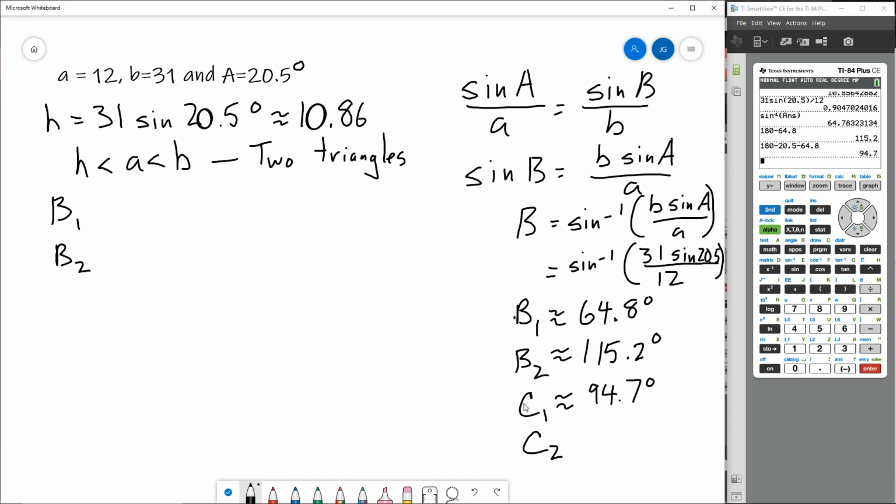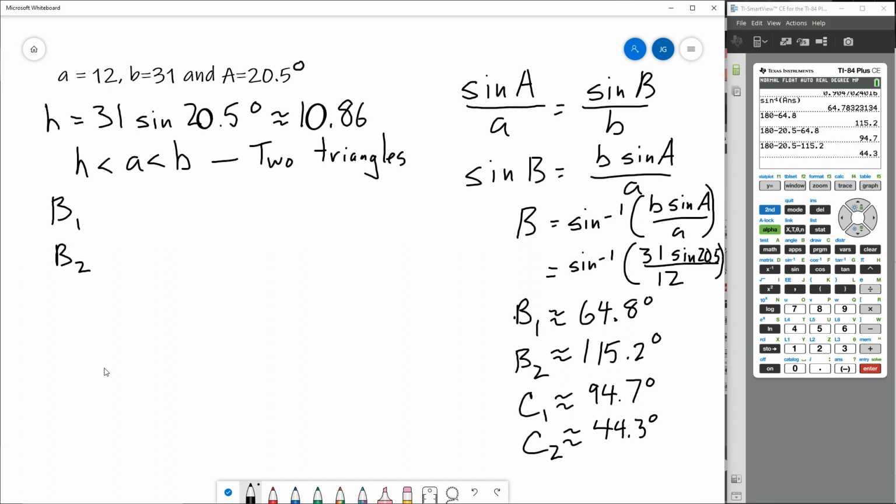In the second case, it is going to be approximately 180 minus 20.5 minus 115.2, and approximately 44.3 degrees.